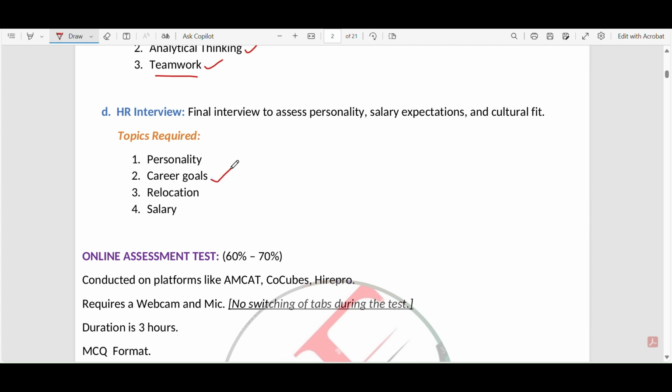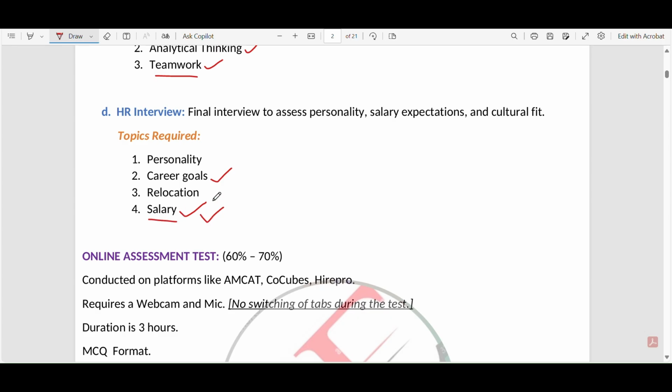And your career goals, like where you will see yourself within 4 or 5 years. Those questions will be there. And your salary expectations, this mostly won't be there because the salary is already decided. So maybe it can be there.